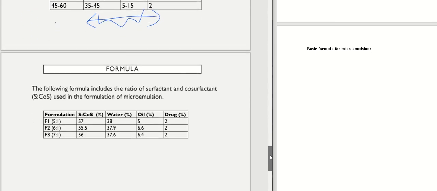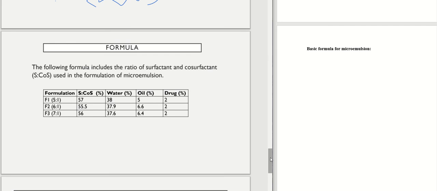Now we will discuss the formula we use for today's experiment. The oil phase is ethyl oleate. Water phase is ultra pure water. Surfactant, co-surfactant are polyethylene glycol 8 complexes. We have considered 3 formulations: formula 1 has 5:1 ratio of surfactant co-surfactant, formula 2 is 6:1, formula 3 is 7:1.